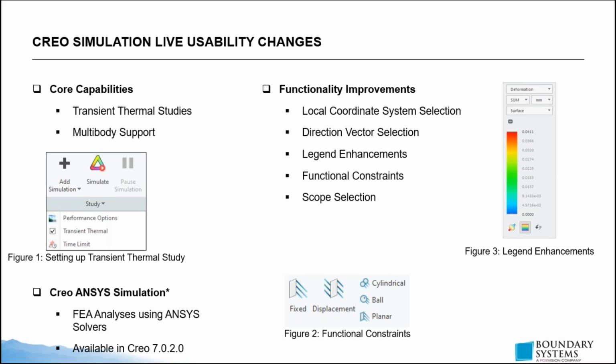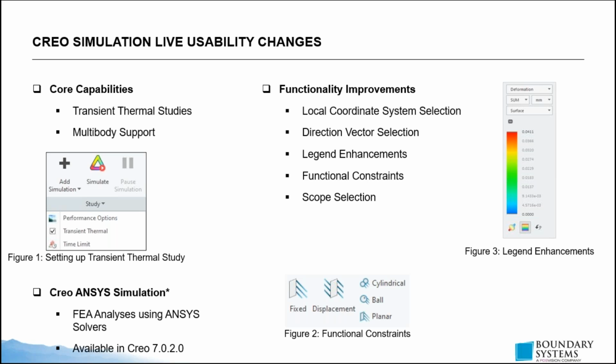So if I have an assembly of 50 parts, but I only want 10 of them to participate in the simulation and see results on, I can define the scope inside of Creo 7 and say, hey, when Simulation Live is running, only run on these 10 parts and ignore the other 40 on the screen.